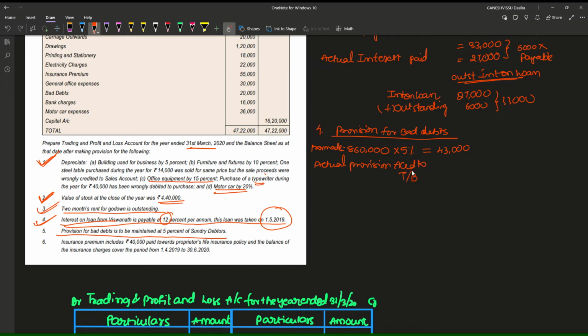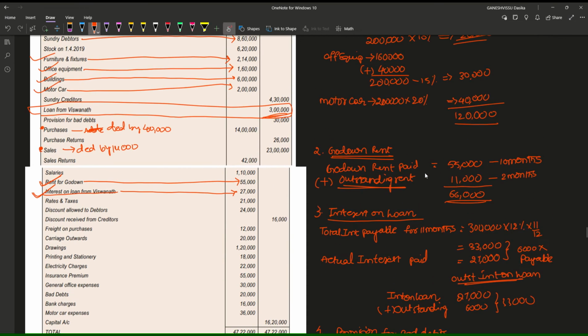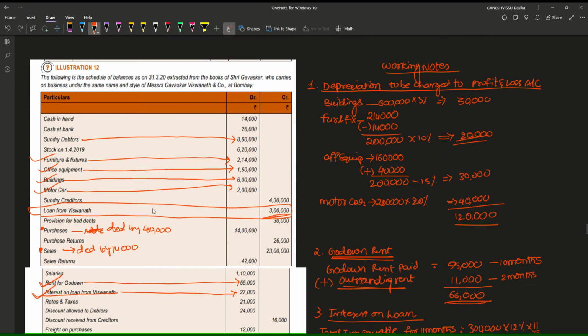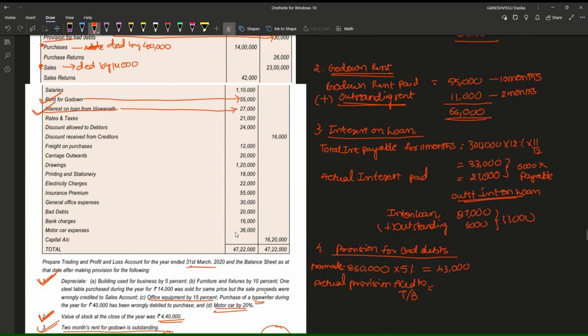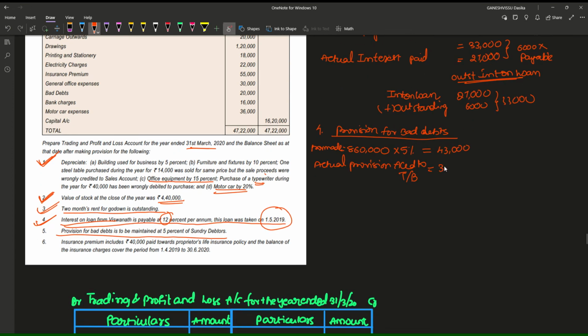If we have any, we can write it here. If that is not there, then there is no need of this one. And here we can see, yeah, after loan from Vishwa, there is a provision for bad debts, here we can see 30,000 rupees. So they have already created the provision for 30,000 rupees, right? So the trial balance provision is old provision, and the new provision is 43,000.